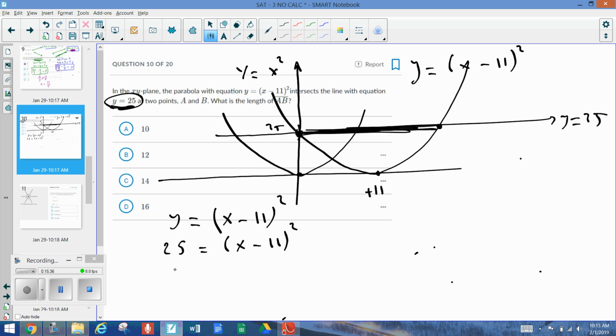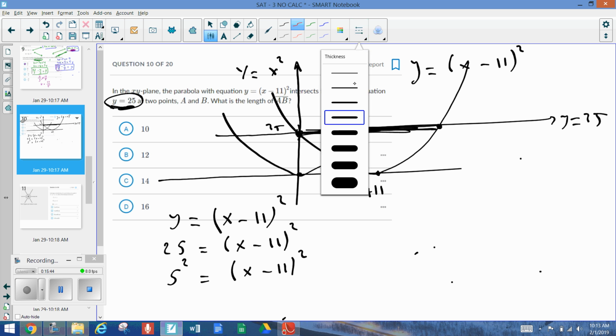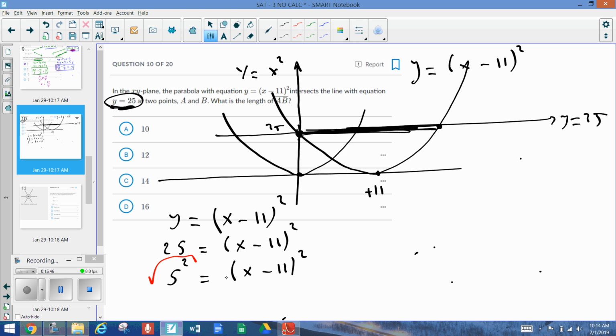So, 25 is, yes, plus minus, right? Once we take the square root of both hand sides, this is exactly what we learned yesterday. Since the index is 2, it's even, the result is going to be plus minus 5.